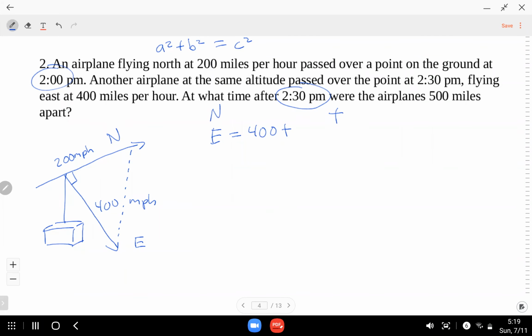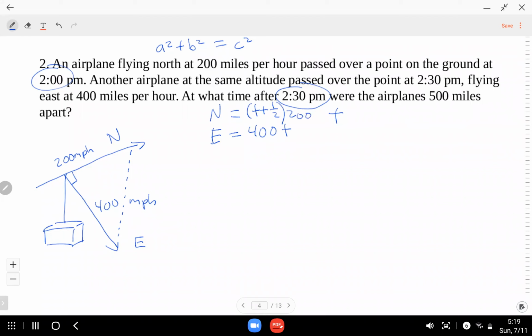We're just going to call them N and E. All right. Hopefully you understand. And so basically, since this airplane has traveled 30 minutes more than this east airplane, it's going to be t plus 1/2. Since we're using hours here, 1/2 means 30 minutes, 200.